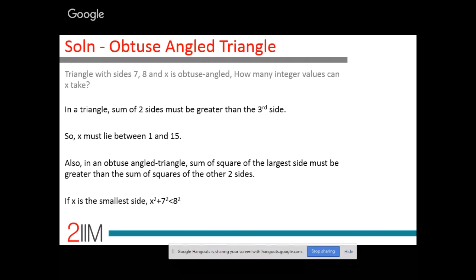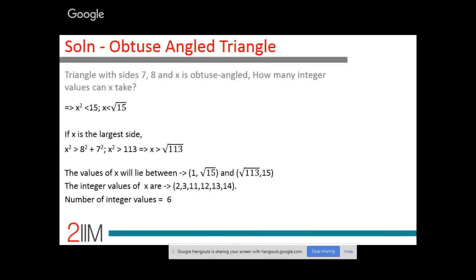That's a starting point. If x were the smaller side and 8 were the longer side, x square plus 7 square is less than 8 square. So x square plus 49 is less than 64. x square is less than 15, so x can be 3 or 2. Integer values 3 and 2.